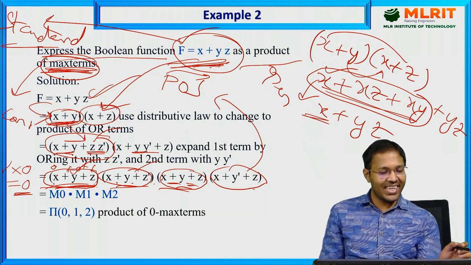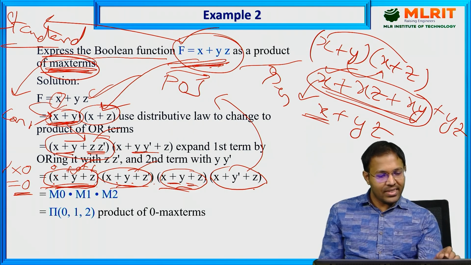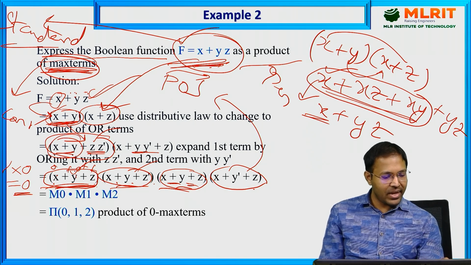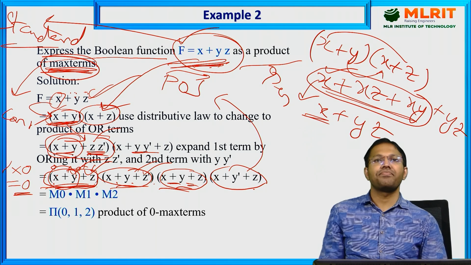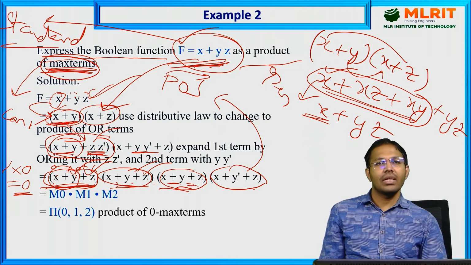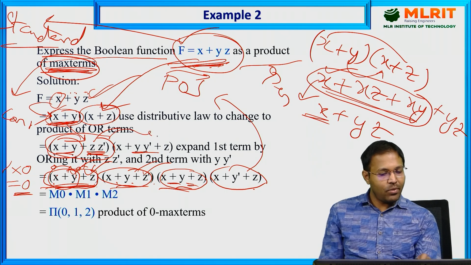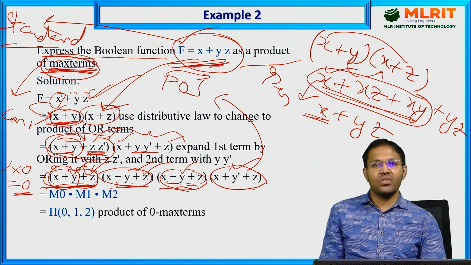Like in this case, x was the same, but these two got spread out. In this case, x plus y remains the same. These two will appear here. Now what we will do? We will apply the same logic for this. X plus z will remain the same, but in one place you will have y, in another place you will have y complement.